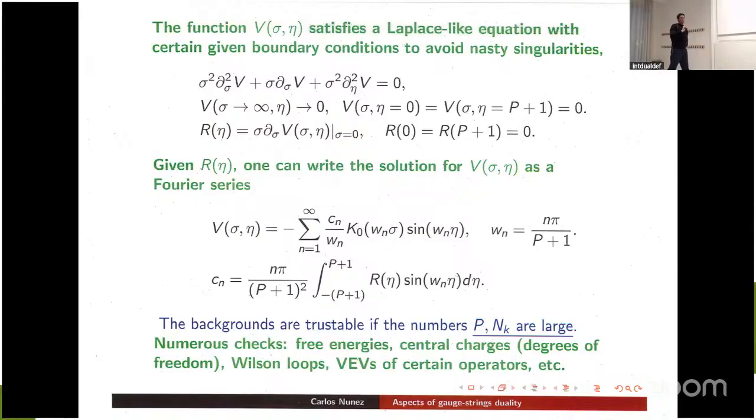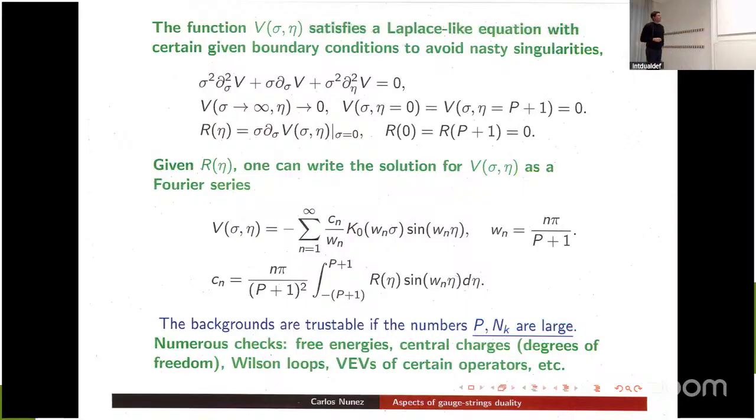And the initial condition, and this is the nice part of the problem, is that the initial condition is written in terms of the rank function of the field theory you started with. Okay? So given this system, this differential equation is well posed. You can do separation of variables and solve for the potential as a Fourier-Bessel series, where the Fourier coefficients are the Fourier transform of the rank function.